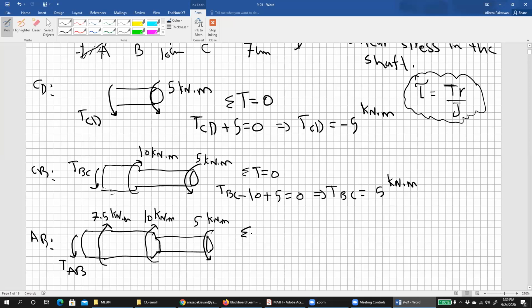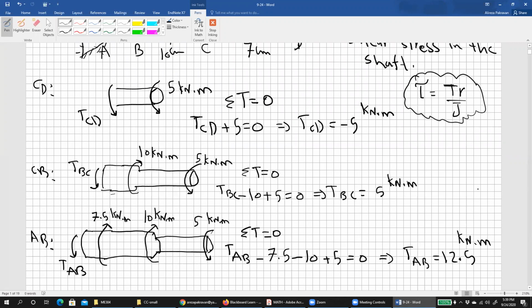So the summation of the torque because of the equilibrium is 0. TAB, 7.5, negative or positive? Negative. Negative, then negative 5, the same as our assumption. 17.5 minus 5, TAB would be 12.5 kilonewton meter. That's right.